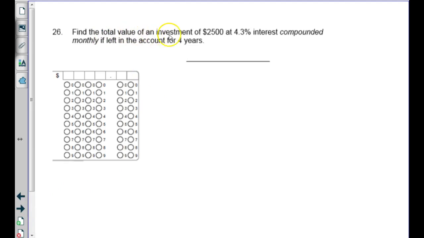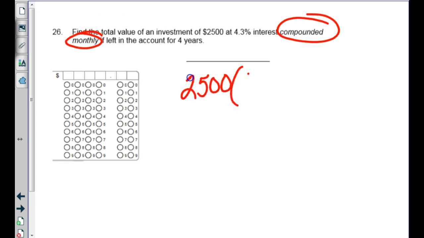Find the total value of an investment compounded monthly if it's left for 4 years. This is just a compound interest question. So it should just be 2,500 times 1 plus what? 0.043 divided by 12 to the power of 4 times 12.